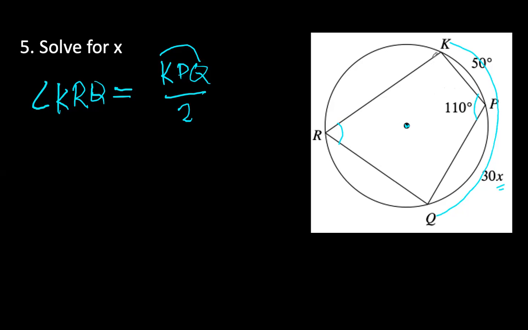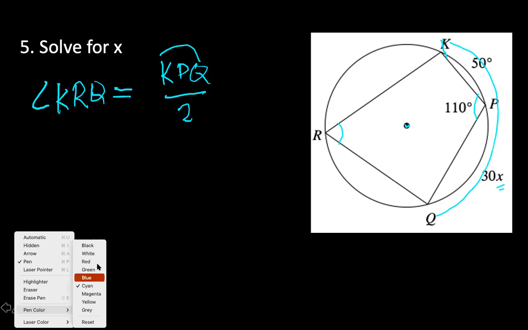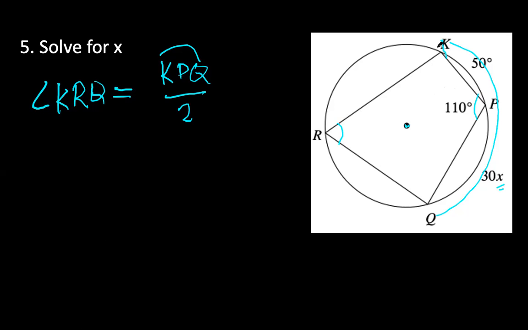But if we analyze this, the other arc here completes the entire circle. So the blue-green arc plus the red arc is equal to the complete circle, which is 360 degrees.